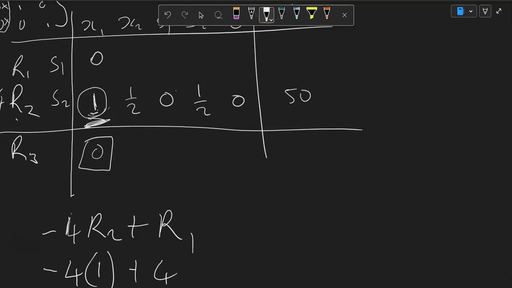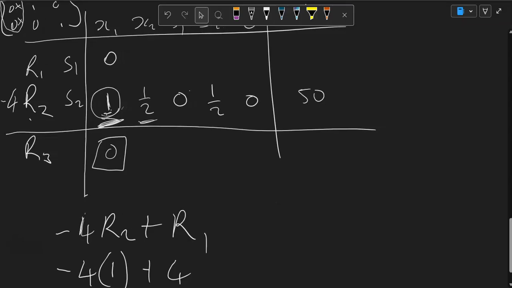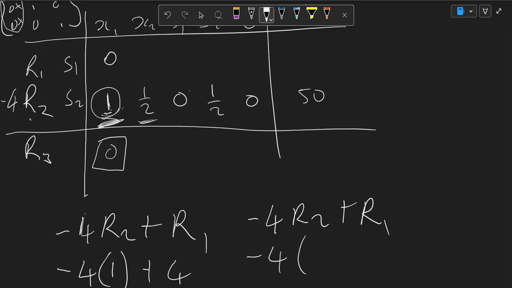Okay, we go to the second position, which is a half here. So let's put the formula first: negative 4 R2 plus R1. What is R2 in the second position? It is a half, plus R1.